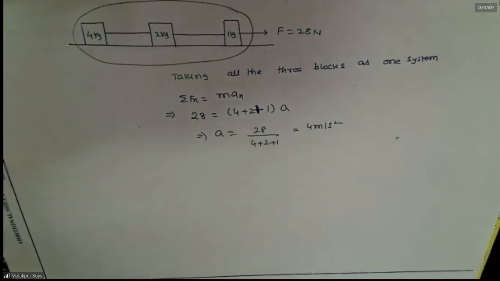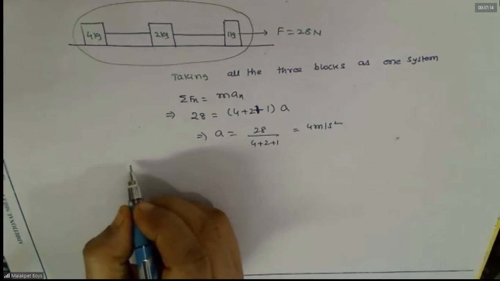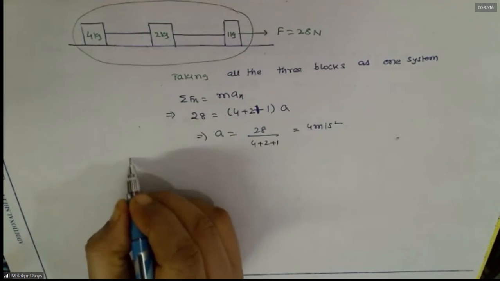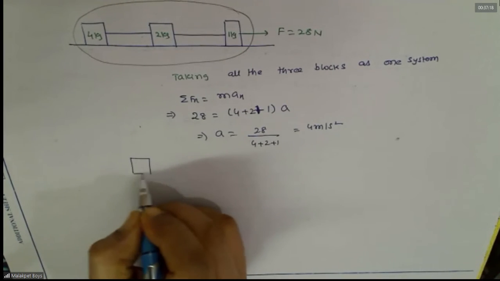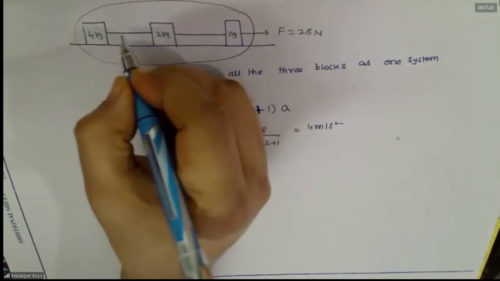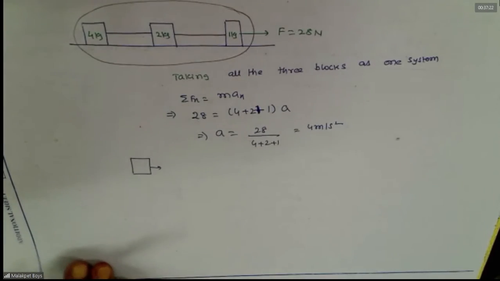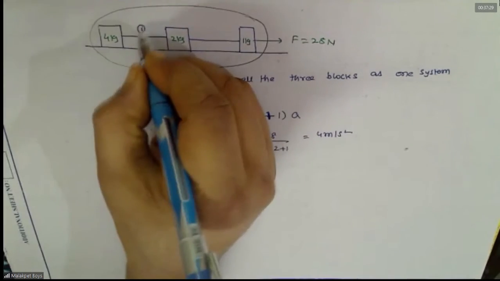But again, to get the tensions, you must use what? Free body diagram of each block. Understood this? You can only find the acceleration of the system. But again, you have to take this.